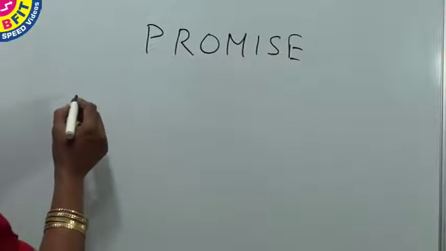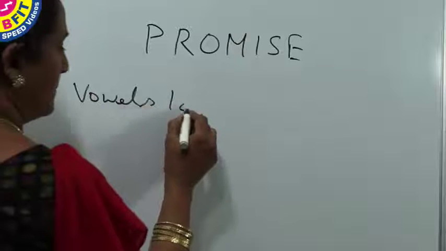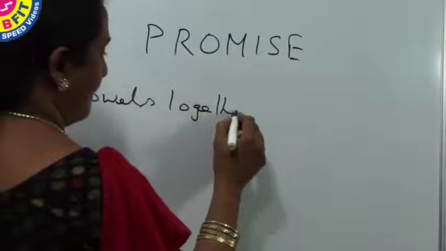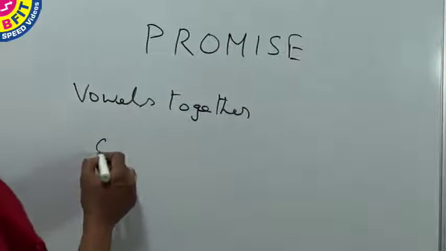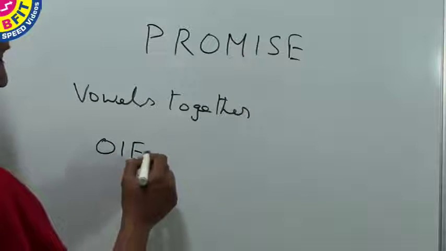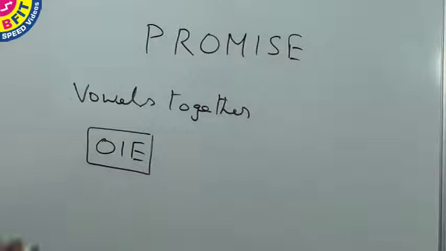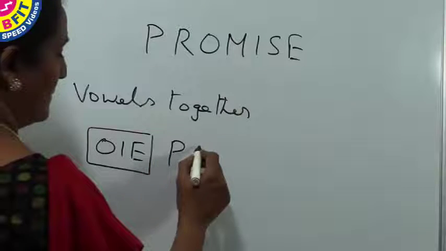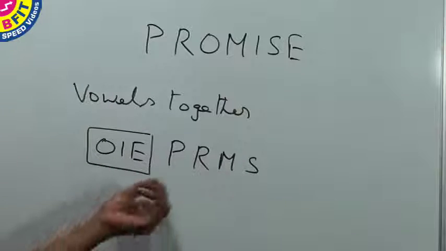But there is a condition that vowels should occur together. In this word, the vowels are O, I and E. The remaining letters are the others, so you have the 7 letters here.